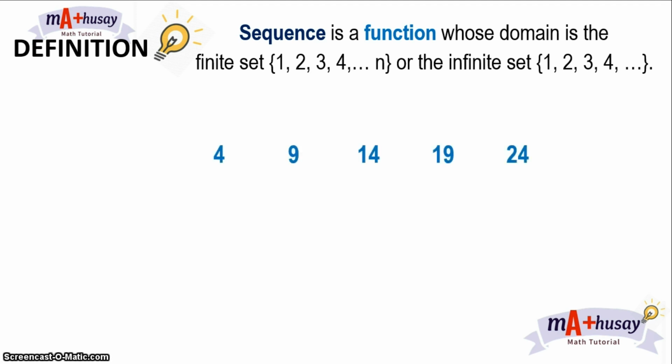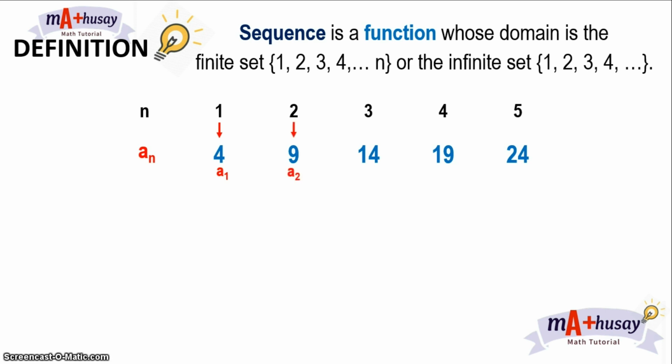So let's consider this sequence: 4, 9, 14, 19, and 24. This is defined by a certain function with a finite domain, the natural numbers from 1 to 5, because there are 5 terms in the sequence. If n is equal to 1, the function will give you an output of 4, which is the first term of the sequence, or a sub 1, as we denote it.